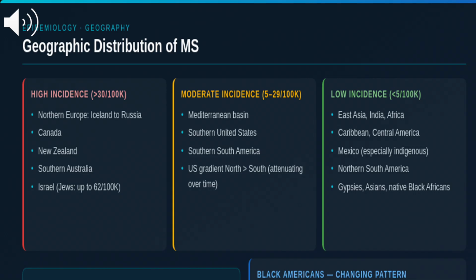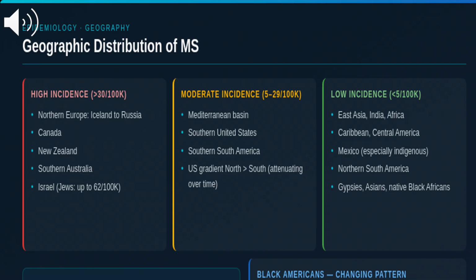The ethnic data within the United States is particularly instructive about how the genetic and environmental relationship has shifted. Decades ago, Black Americans had half the MS incidence of white Americans. By 2010 in Southern California, the incidence in blacks had actually exceeded that of whites, 10 per 100,000 person years in blacks versus 6.9 in whites.